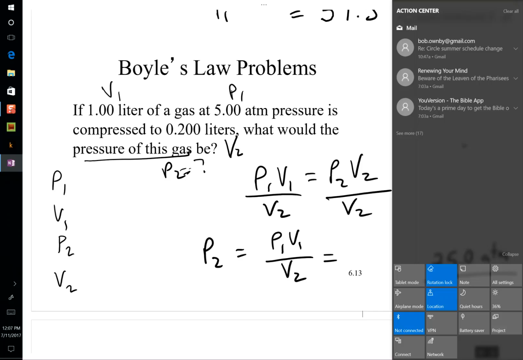Okay. Do you need a break, or should we do one more law, and then when we get to doing a calculation, I'll give you a break? All right? Is that a deal? All right, so let's go on to Charles' law. Let me get back to this screen, hopefully.